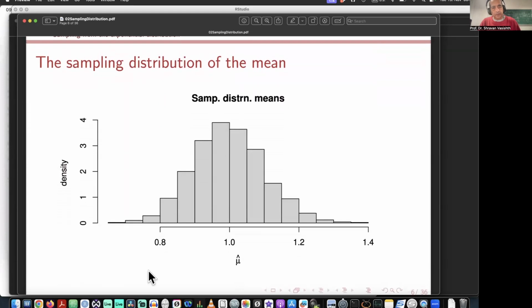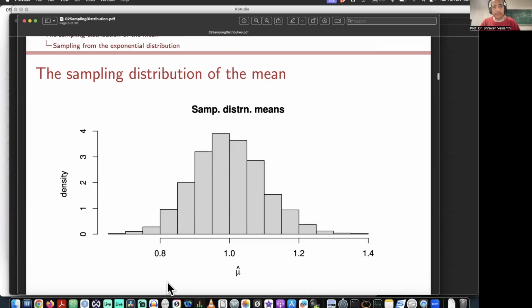So what you notice again is that despite the fact that the underlying distribution that I was sampling from was an exponential, I nevertheless get a sampling distribution of the means under repeated sampling that is normal.